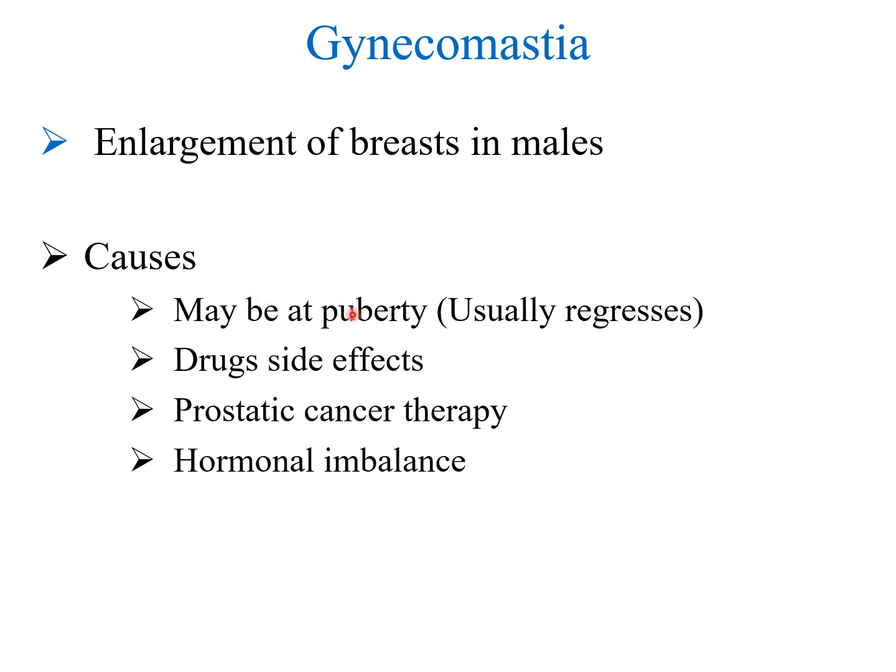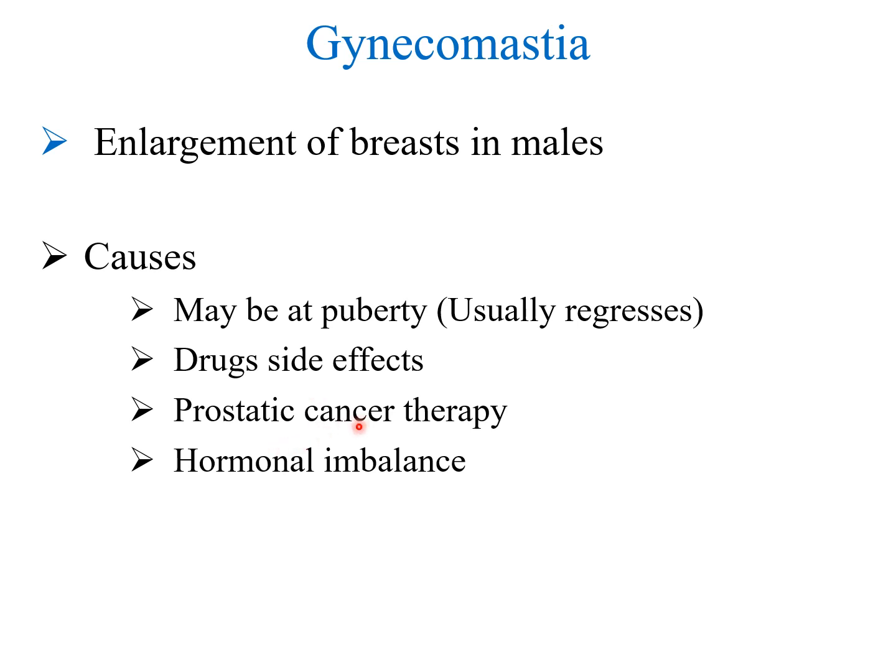Why does it occur? It may occur at the time of puberty, but usually it regresses. Because of the hormonal changes at puberty, a breast may develop, but ultimately it regresses. It can also occur due to side effects of drugs you are taking for some diseases, which can enlarge your breast.